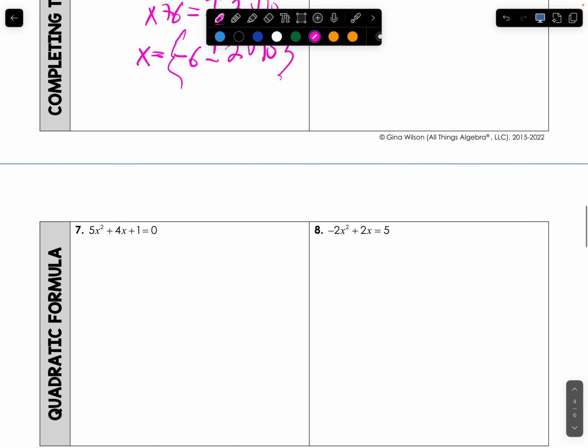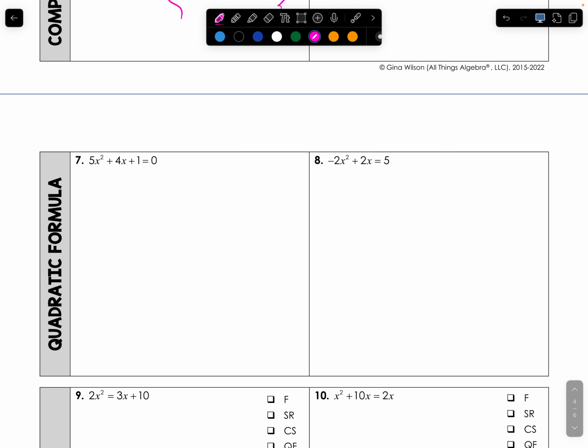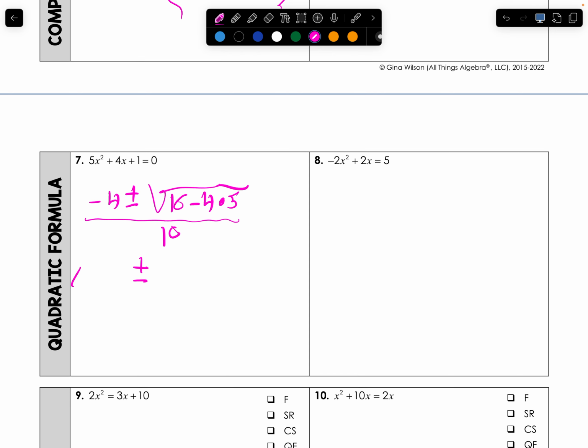Okay. So these are the kind of things that we have to be able to do. Quadratic formula, minus b plus or minus the square root of b squared, 4 times 4 is 16, minus 4 times the a number, times the c number, which is just 1. Anything times 1 is itself. I don't even need it. All over 2 times 5, 10. So 16 minus 20, negative 4. So x equals minus 4 plus or minus the square root of 16 take away 20. What's 16 take away 20? 4 times 5, 20, right?